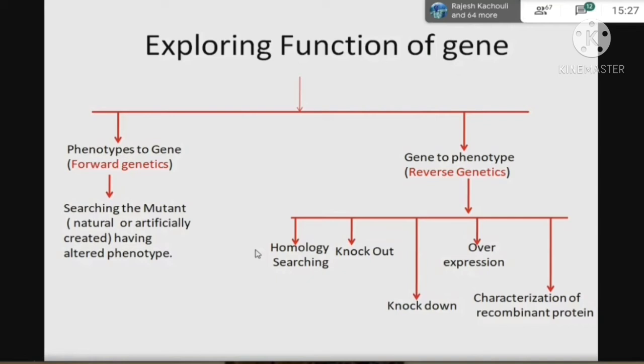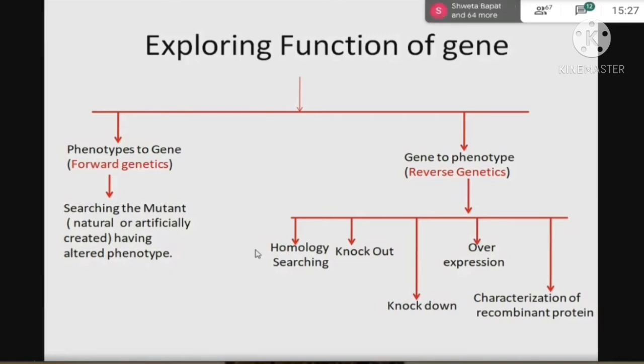To authenticate it, we do a knockout. If we completely remove that gene from the genome and the phenotype, that character, is lost, that means the gene we removed was responsible for that phenotype. We call it gene knockout. Through gene knockout studies, we can find out the role of genes. Fine.